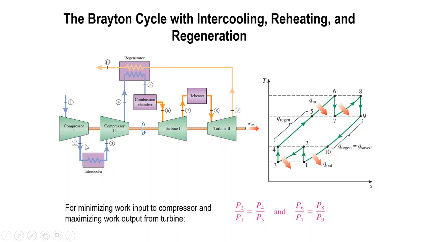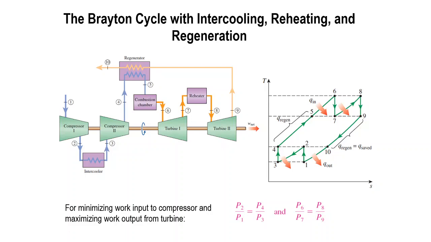From point 1 to point 2, the temperature of air slightly increases. So point 3 is also the same as point 2. If we move out of the intercooler, at point 4 we have a very high temperature.